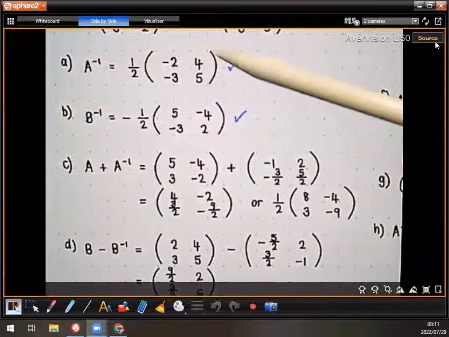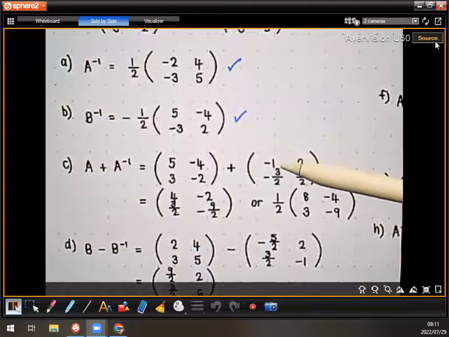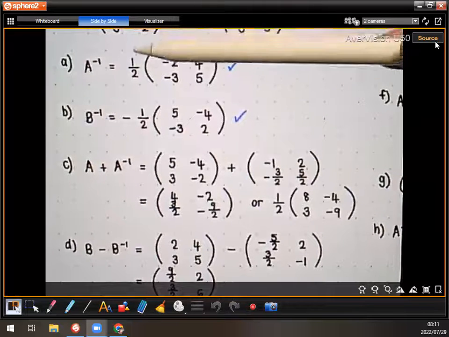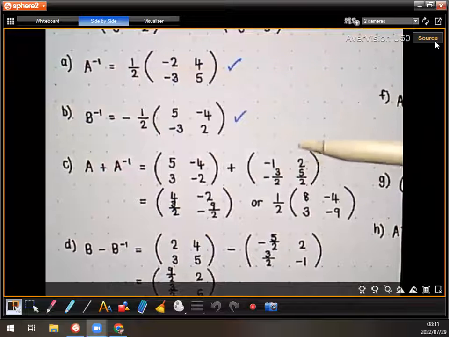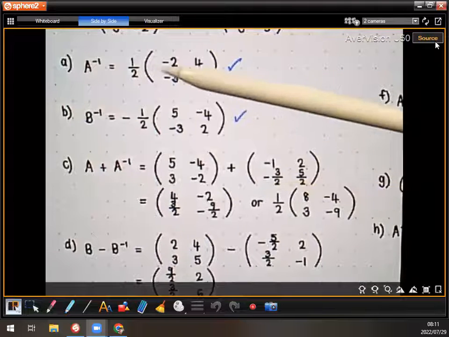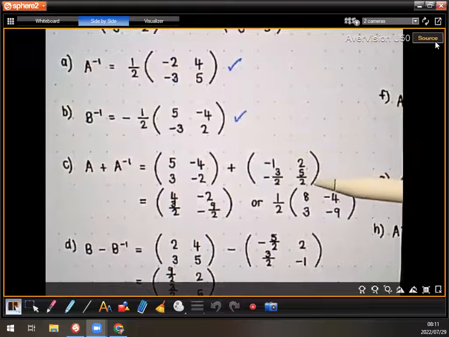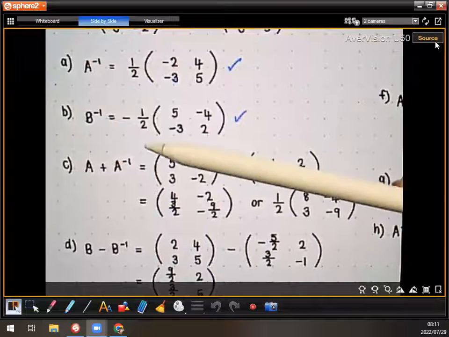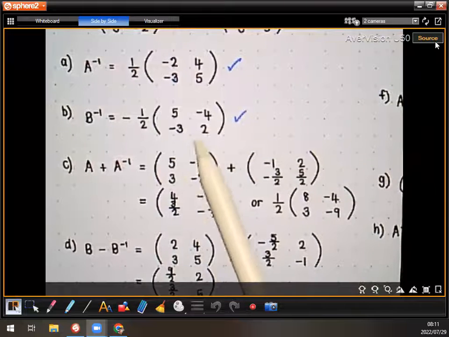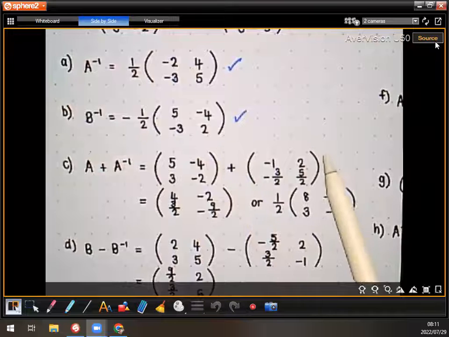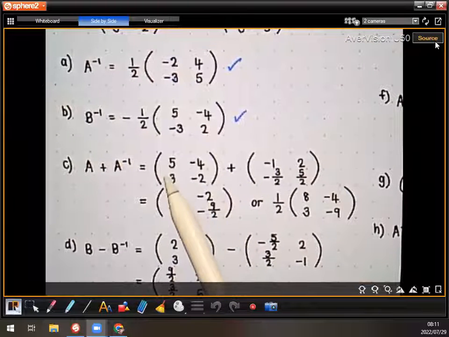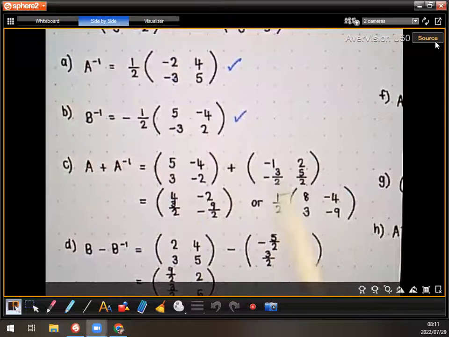A half times -2, do we agree, is -1? Then a half times 4 is 2. A half times -3 is -3/2. And hang on, a half times 5 is 5/2. Okay, then you were supposed to add all of these. So let's just check. 5 minus 1 is 4. -4 plus 2 is -2. 3 minus 1.5 is 1.5, okay? 3/2.